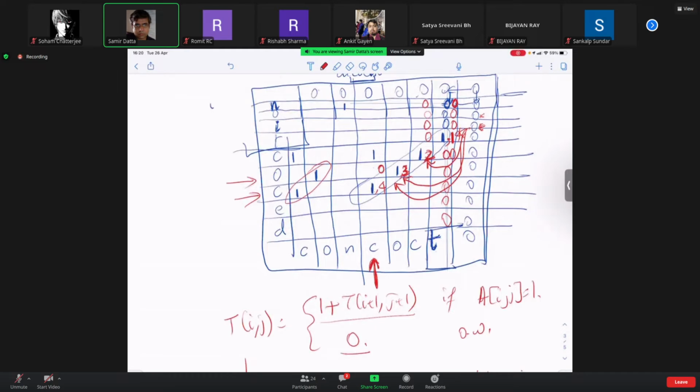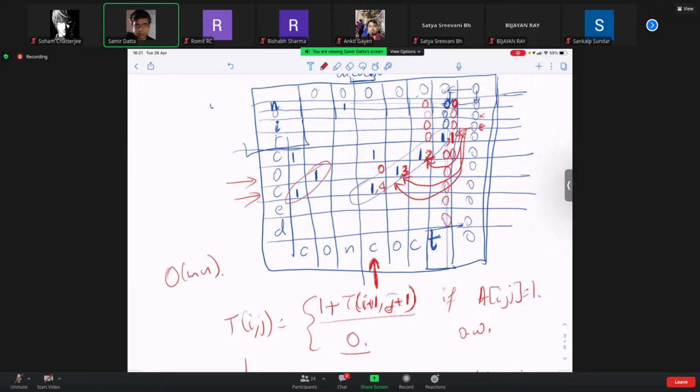Order 1, correct? If you knew Ti plus 1 comma j plus 1, then you would fill it in order 1 time, correct? So the total time taken is order mn. So it's a good question.